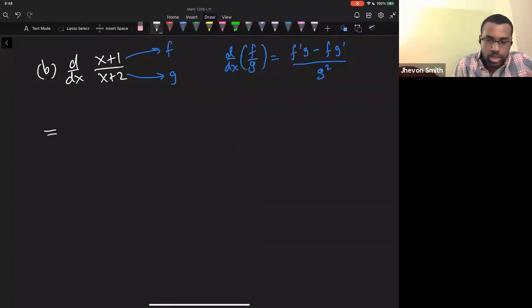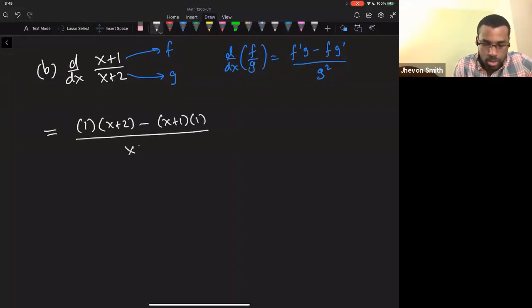Right, so this is going to be the derivative of the top times the bottom minus the top times the derivative of the bottom over the bottom squared.